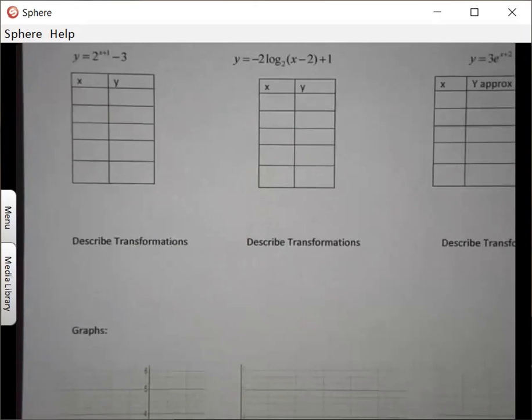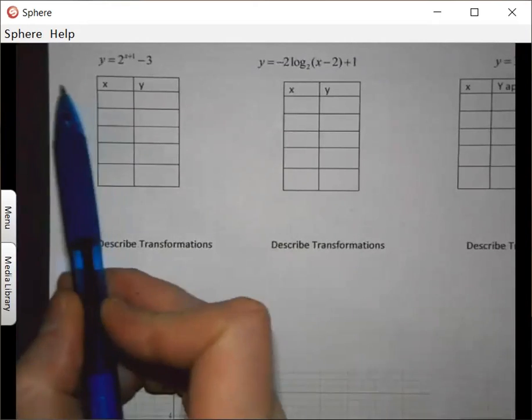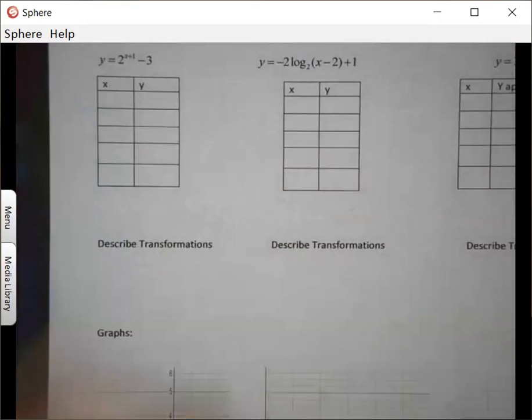All right, so for example 2, you're going to take the parent functions that we created on our first page and use them to write our transformations. So like before, we're going to make an equation for a transformation.